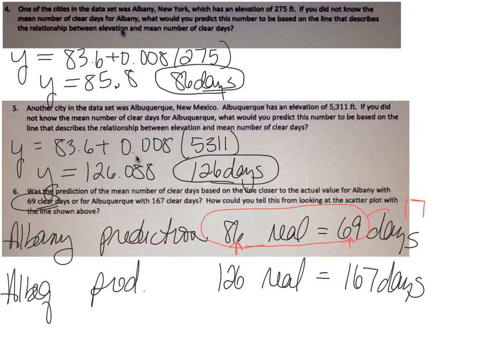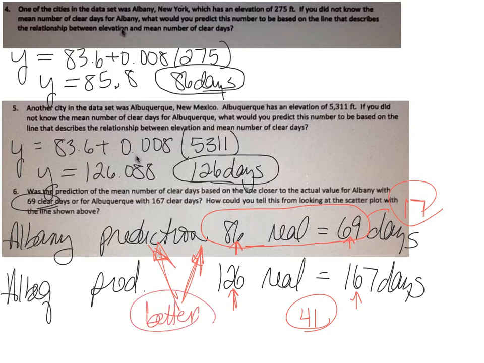For Albuquerque, the distance from the predicted line to the real dot is 41 units. So the smaller distance is a better prediction. The distance from the predicted point on the line to the point representing Albany is a smaller distance, so it's a better prediction.